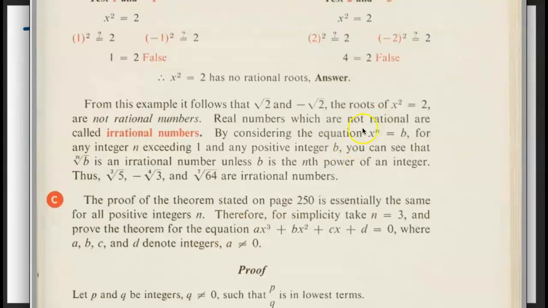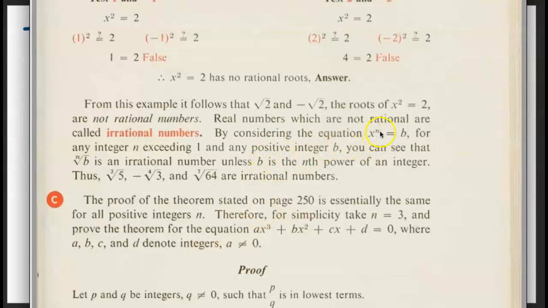By considering the equation x to the n equals b for any integer n exceeding 1 and any positive integer b, you can see that the nth root of b is an irrational number unless b is the nth power of an integer. Thus the cube root of 5, negative the fourth root of 3, and the seventh root of 64 are irrational numbers. I need to read that again.